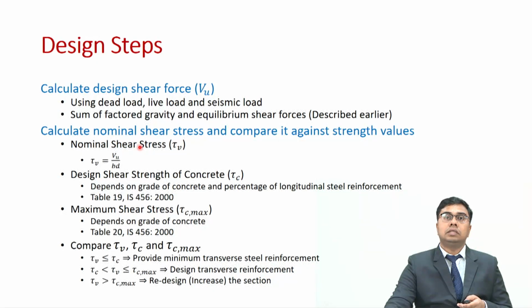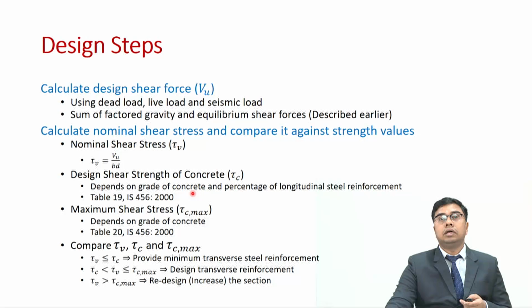What is nominal shear stress? Nominal shear stress is calculated as VU, that is the factored design shear force, divided by the product of width of beam and effective depth of beam, that is the shear area BD. So this you can calculate. This is like demand. Now let us look into the capacity. So this is the design shear strength of concrete, tau c.